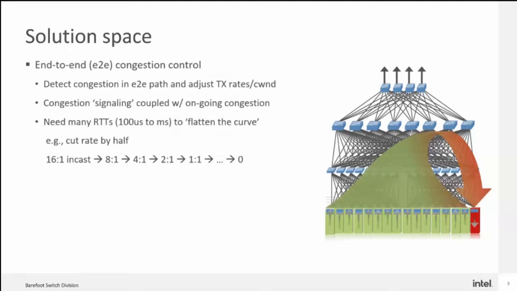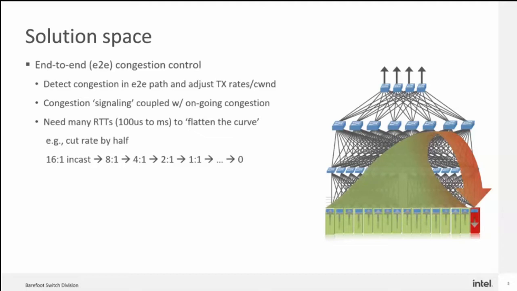And if it experiences congestion, it will notify the receiver, and the receiver then will signal back that the sender should slow down. However, because the protocols are designed carefully to not overreact, the sender could cut the rate by half on the reception of such a congestion notification. But that would mean that it will take many of these congestion notifications and many RTTs in turn to actually get to a sending rate that's sustainable for incast.